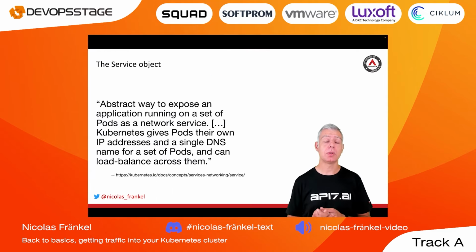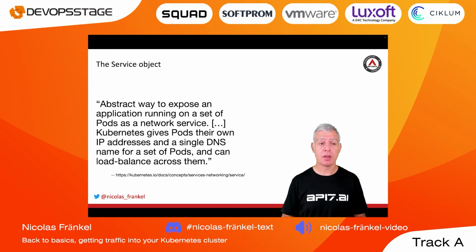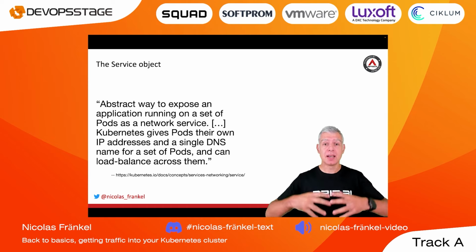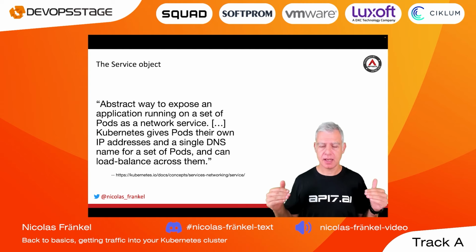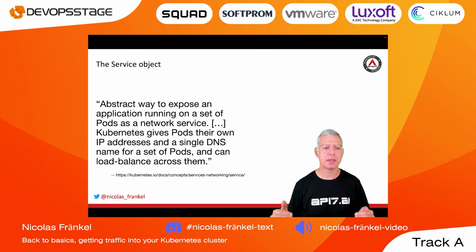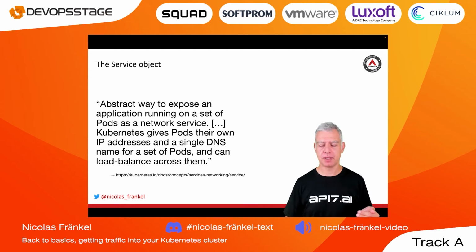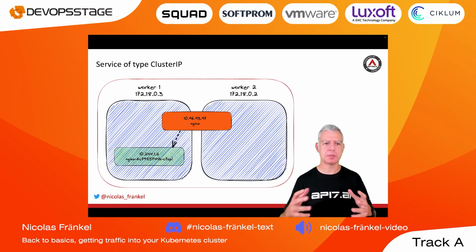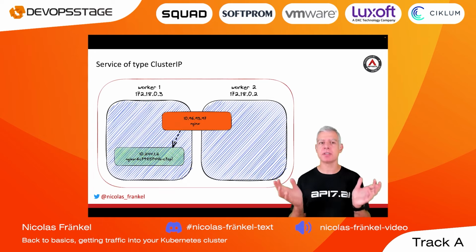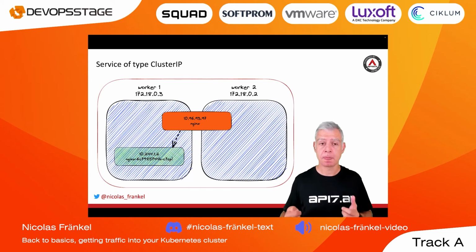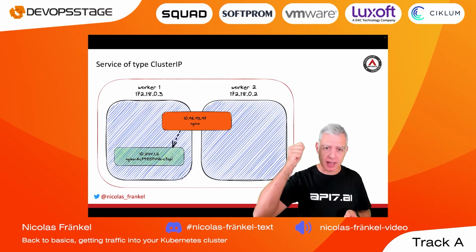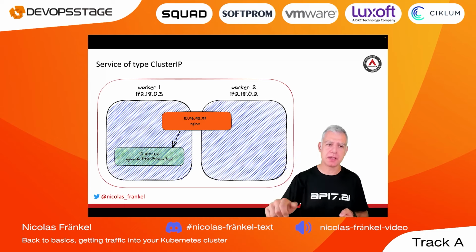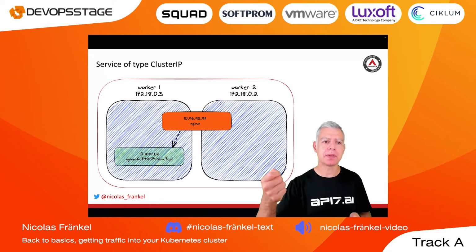And that's the goal of the service object. The service object will create a stable IP, and this stable IP you can rely on. It will look something like that. It's irrelevant of the nodes, and instead of getting to the pod IP, you will get to the service IP.